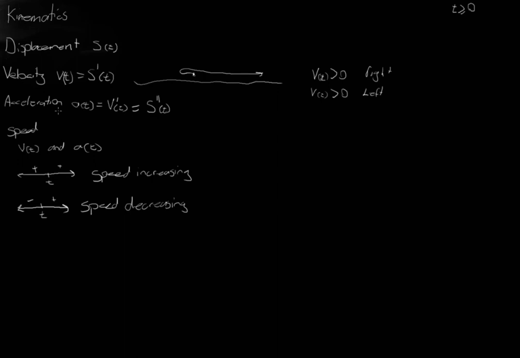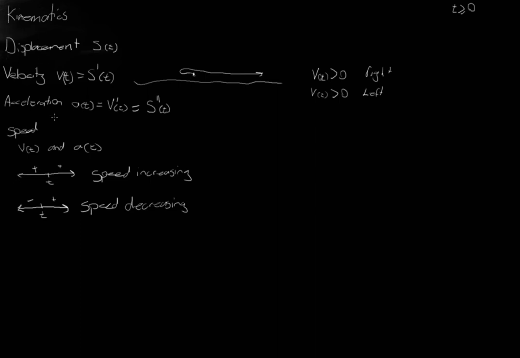So we can use sign diagrams to interpret, okay, you're X distance away, you're travelling at a certain speed, and we can actually see whether your speed is increasing or decreasing based on these sign diagrams. Hopefully that makes a bit of sense.